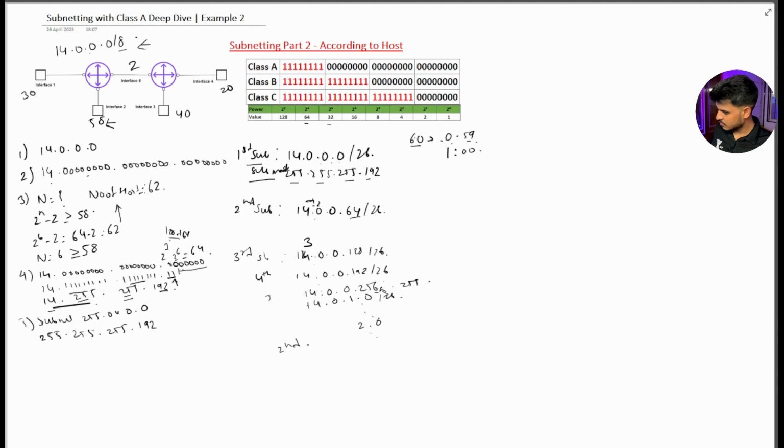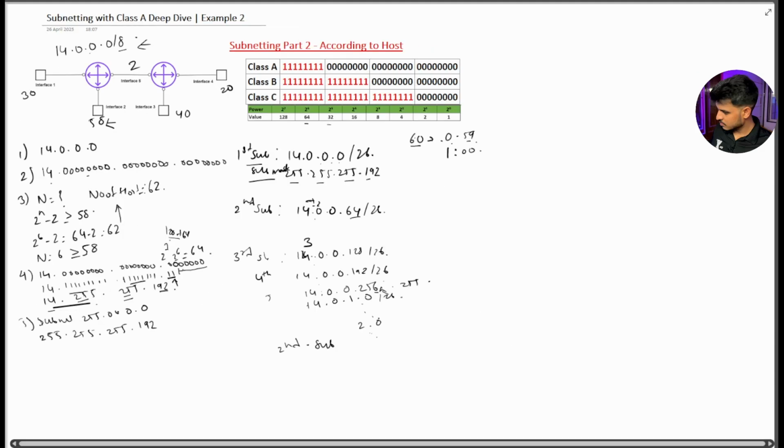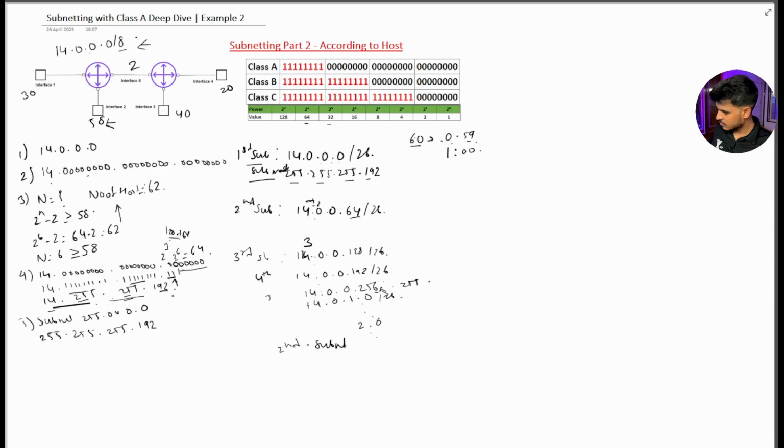Now let's say someone asks what will be the second last subnet ID. We know this IP was the last subnet ID. Let me write it once again: 14.255.255.192. The second last subnet ID will be just the subnet before this subnet.